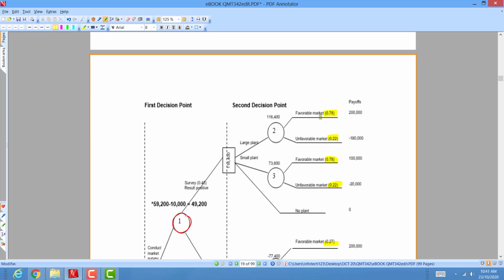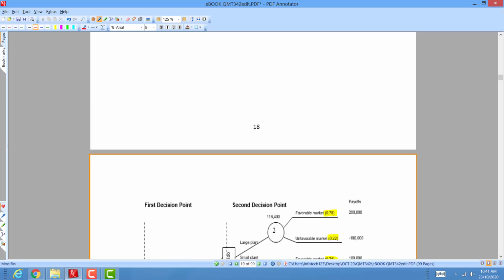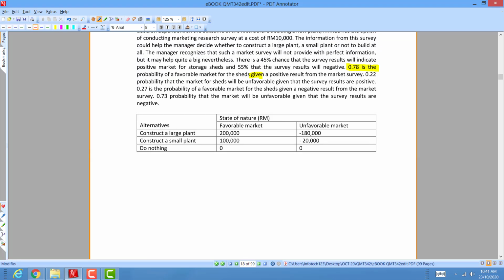So we have positive here, favorable, and the probability equals 0.78. Then 0.22 is the probability that the market survey will be unfavorable given positive also.